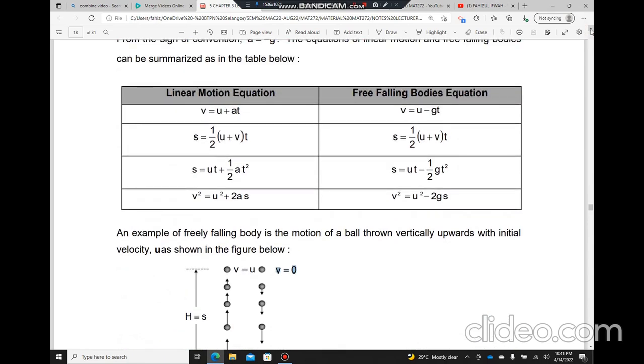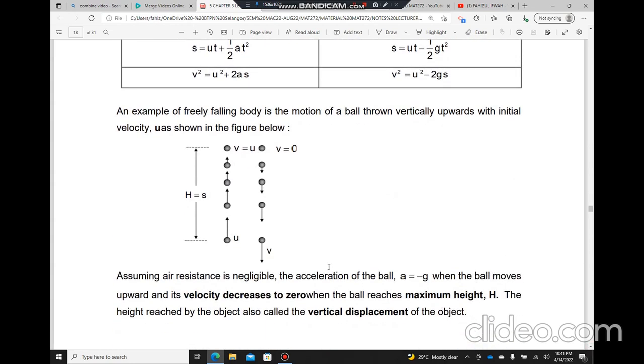So this one untuk case ni untuk free falling bodies equation. So case dia bila dalam bentuk vertical motion, maknanya pergerakan atas dan bawah. So yang awak kena ingat, term yang awak kena ingat, this one pada kedudukan atas ni initial velocity dia u, and then yang ni final velocity v.